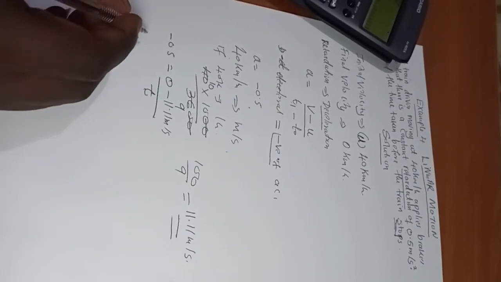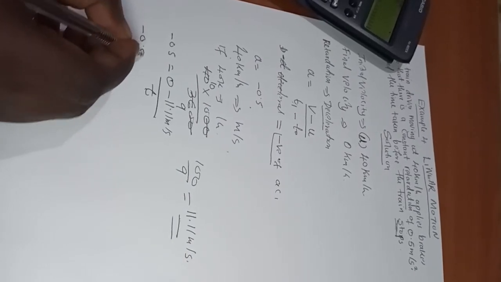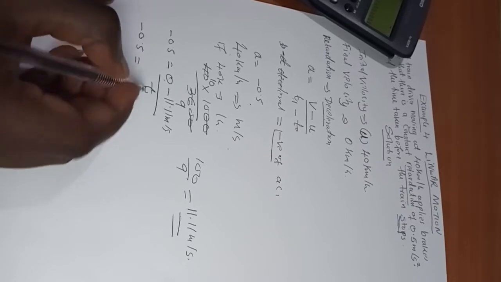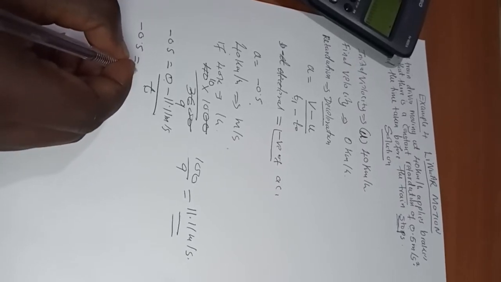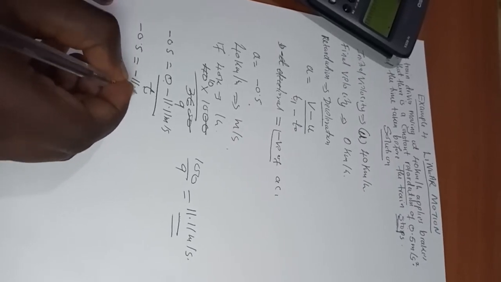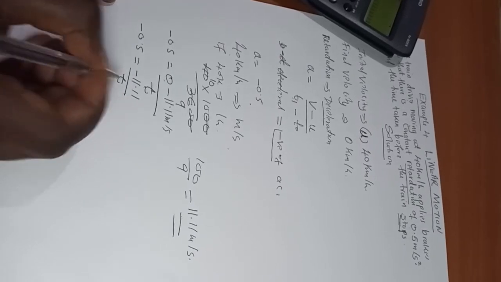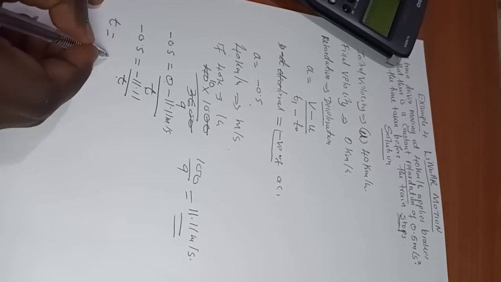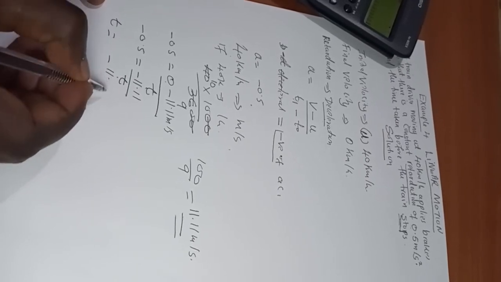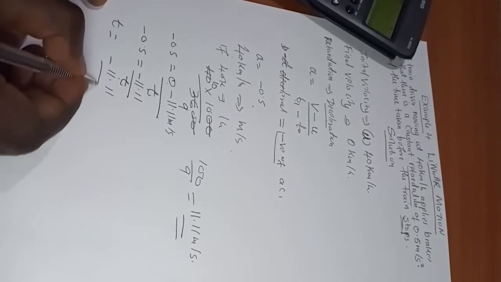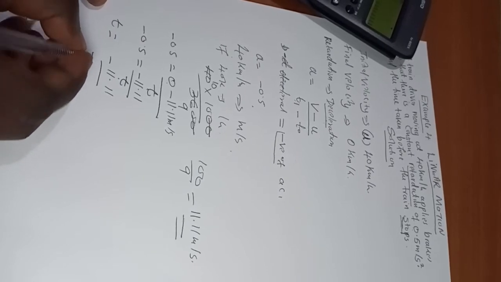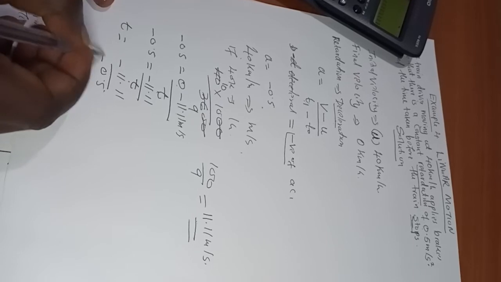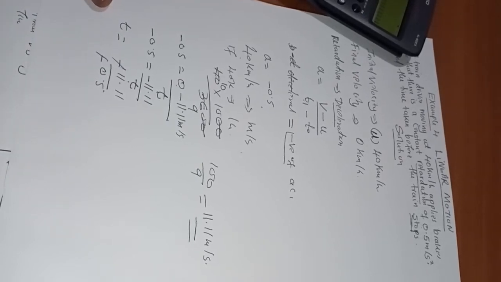So negative 0.5 equals 0 minus 11.11, which is negative 11.11 over t. So t equals negative 11.11 divided by negative 0.5, and the negatives cancel.